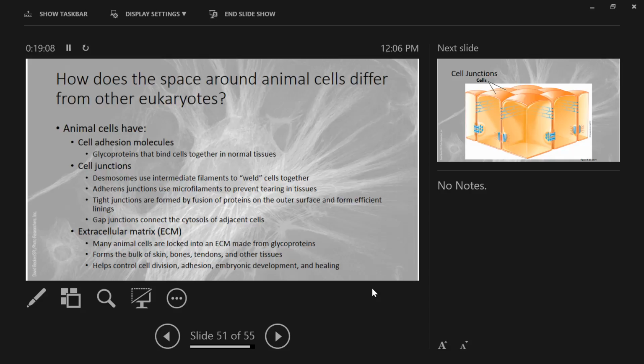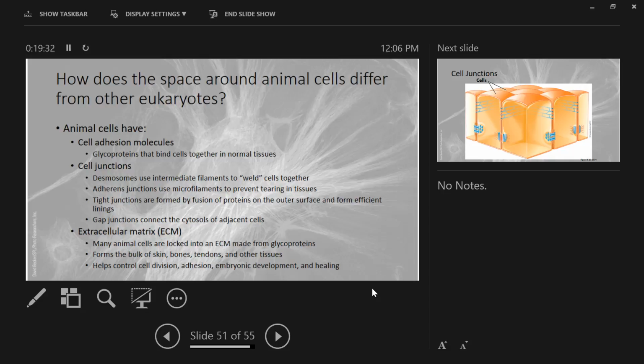In other cells, it's just, again, made primarily for holding the whole cell together and forming the bulk of the tissues. A lot of this is adhesion, just holding stuff together, but a lot of it is also controlling whether or not the cells divide. Cells won't typically divide if they're locked in a matrix, right? They're locked in a matrix, there's really nowhere to go, right?